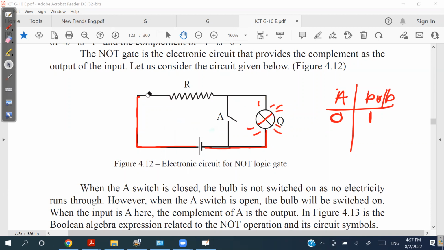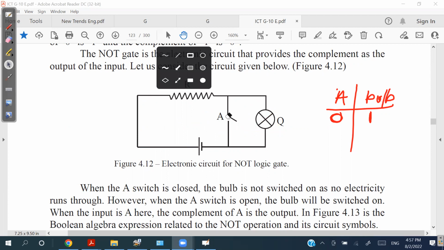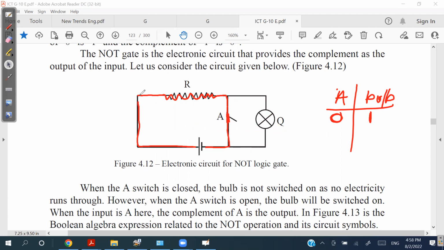But if this is closed, then the circuit will be short-circuited. That means the electricity will find a short path to flow.